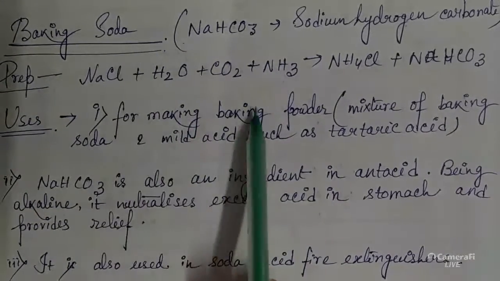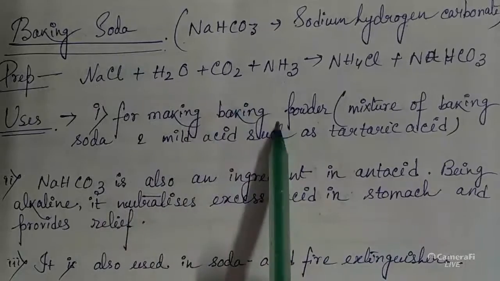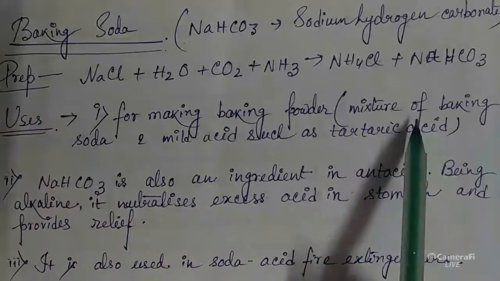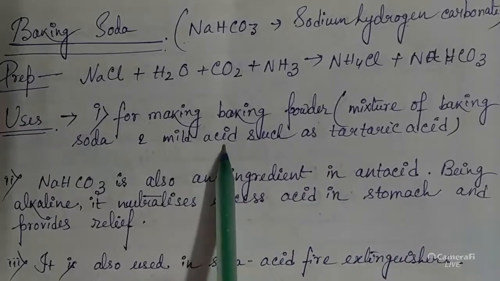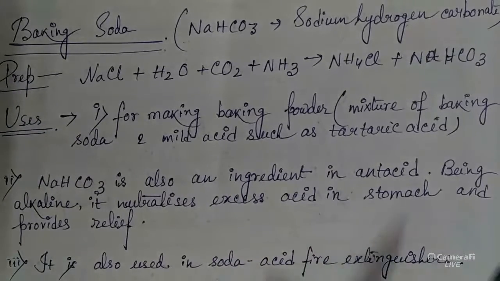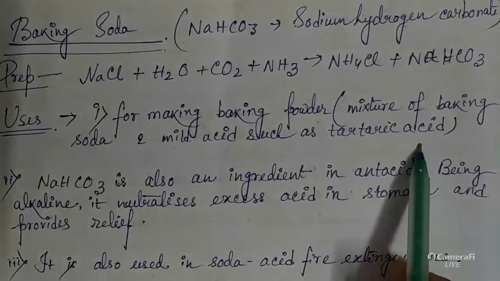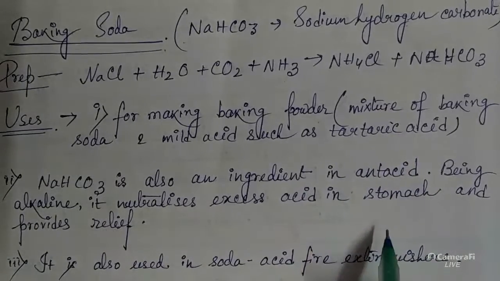There is a very small difference between baking soda and baking powder. Baking powder is a mixture of baking soda and a mild acid. Mild acid means a very weak acid. Generally organic acids are weak acids, as you already know in this chapter.